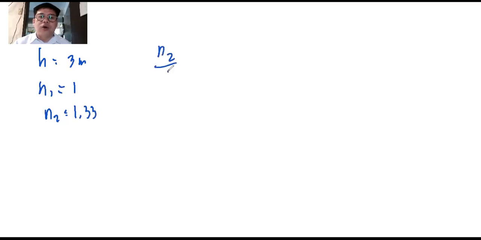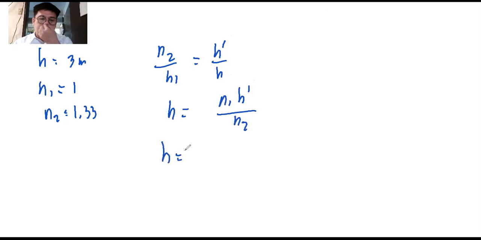So, if N2 all over N1 is H prime all over H, therefore, height will be equal to N1 times H prime all over N2. So your height will be equal to N1 is 1 multiplied to, sakto gid man aton nga formula.